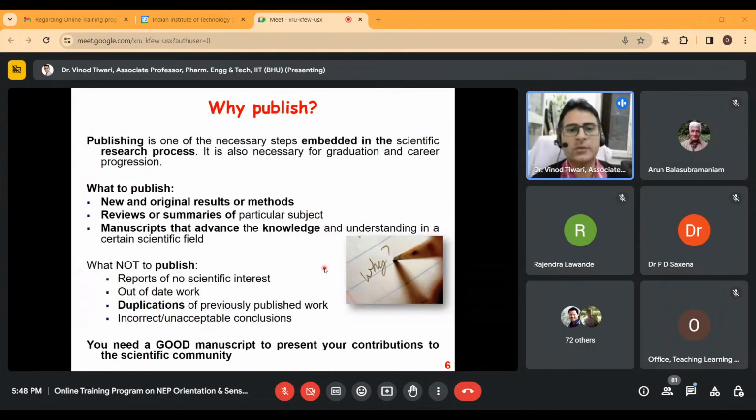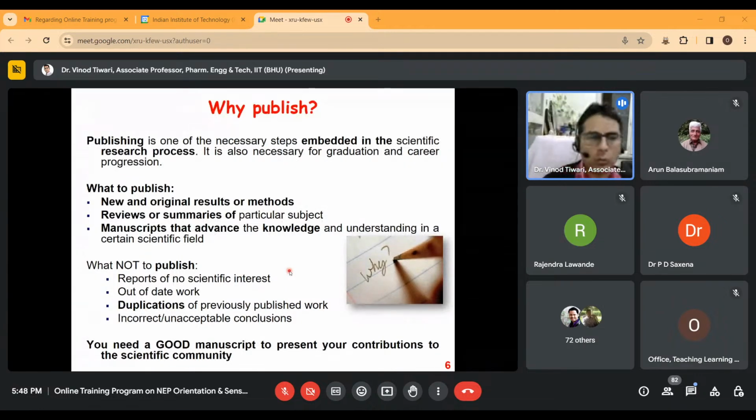If somebody has done relevant work in a particular area over a period of time, that can be compiled in the form of a review or mini review and published. Manuscripts that advance the knowledge and understanding in a certain scientific field should of course be encouraged for publication.